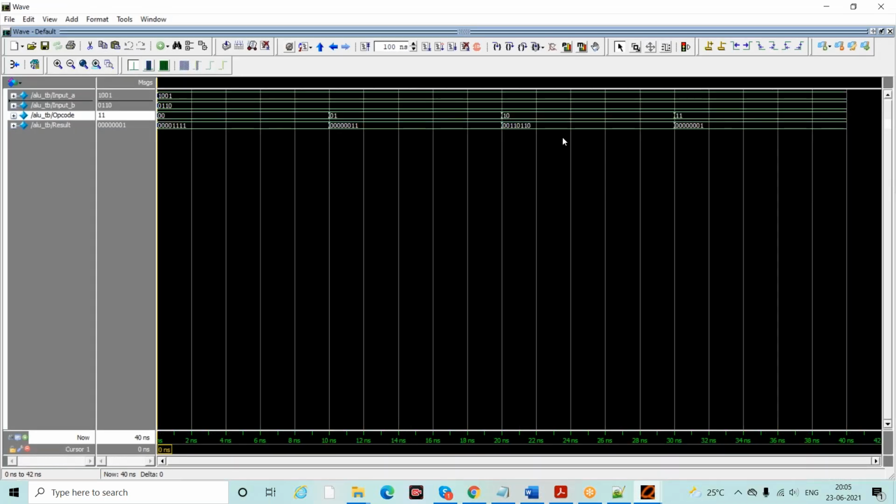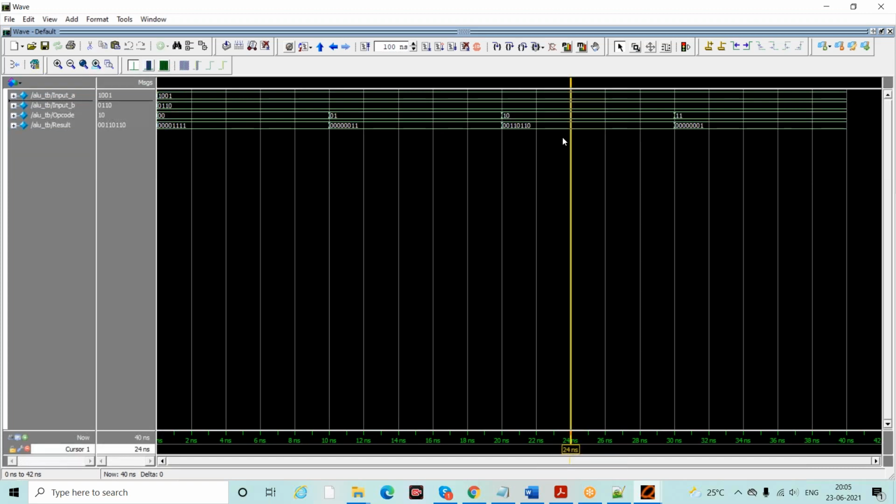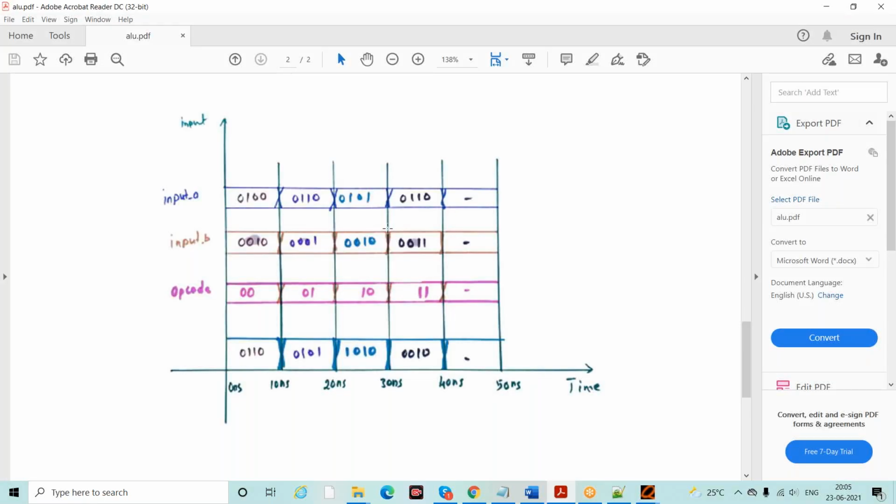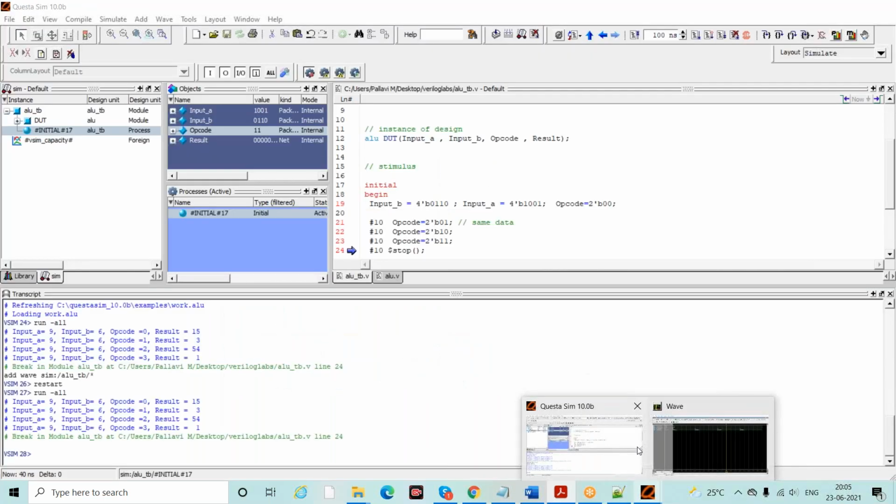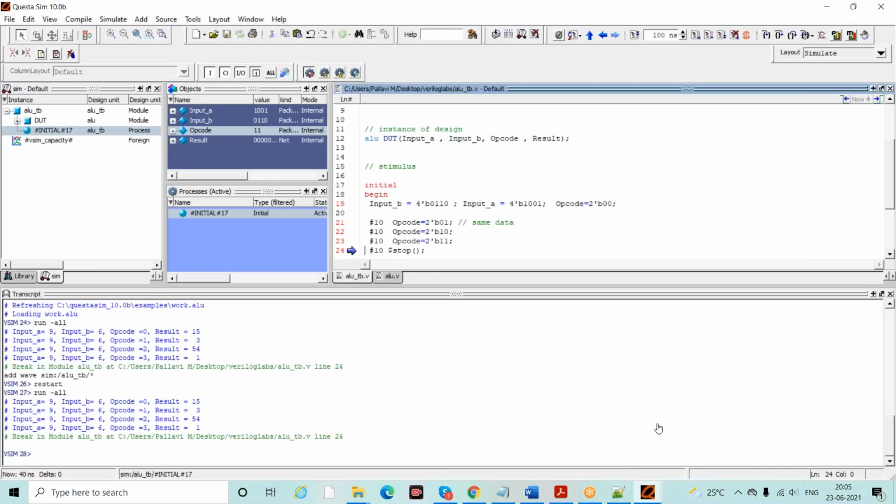This we can use for the screen. In a similar way, in the PDF we discussed the same format. Okay, this is done.